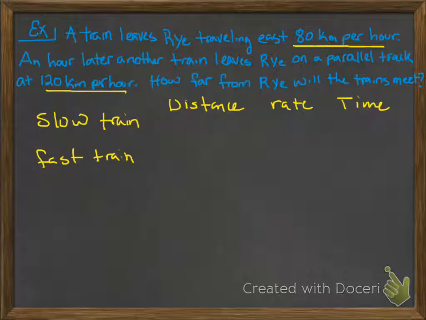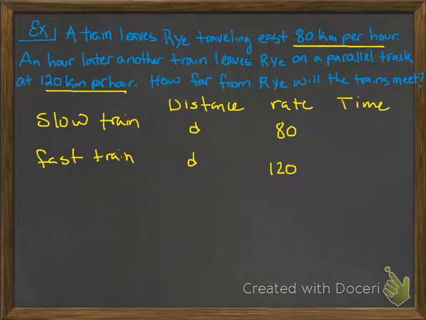Now we don't know the distance, but we know that they're on parallel tracks, and we want to know at what point their two distances will be equal to each other. We know the rates. So there are their rates. And we want to know how long it will take.